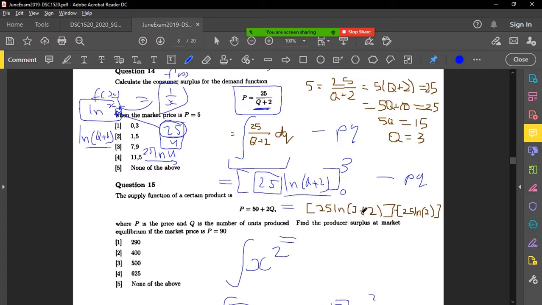25 ln 5 minus 25 ln 2 is 22.907268. And then what is your P times Q?